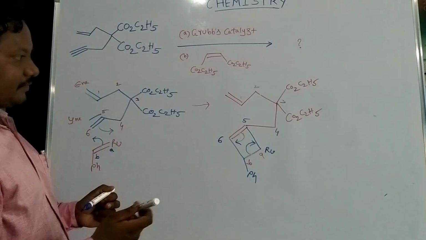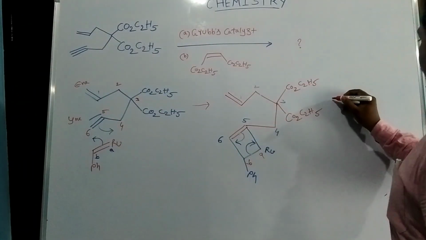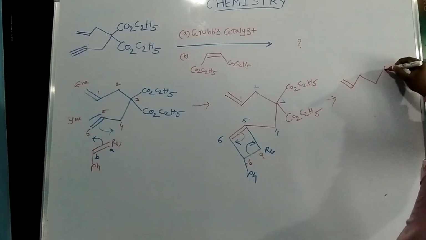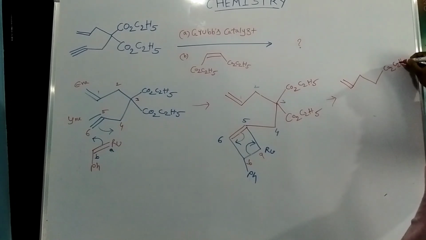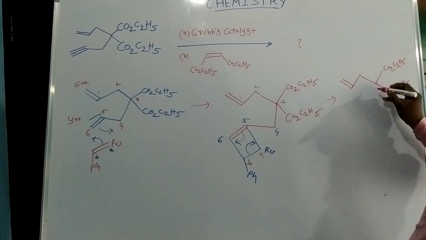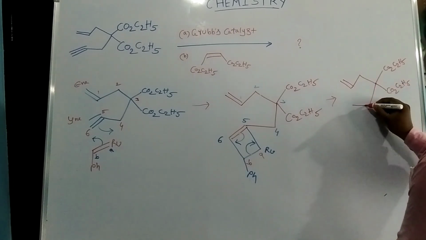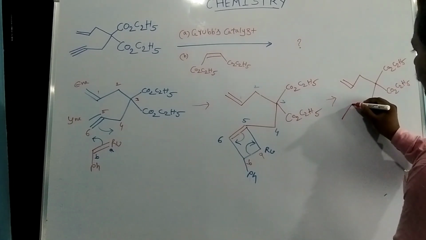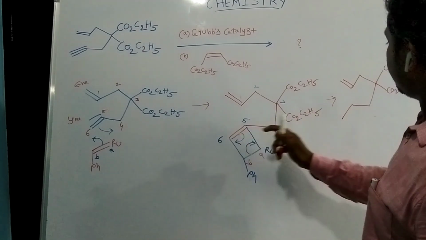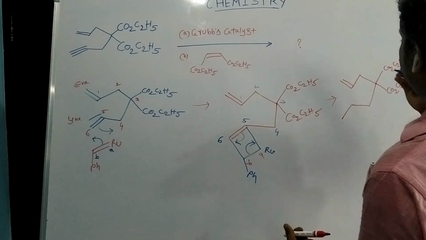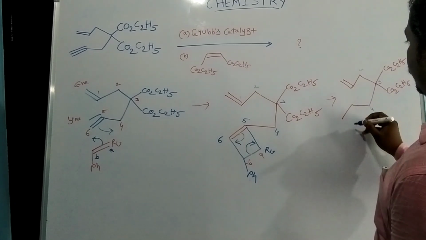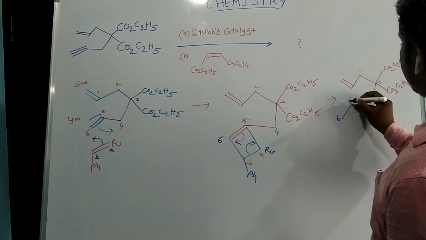Now, double bond, CO2C2H5, CO2C2H5. Better to give numbering: 1, 2, 3, 4, 5, 6.